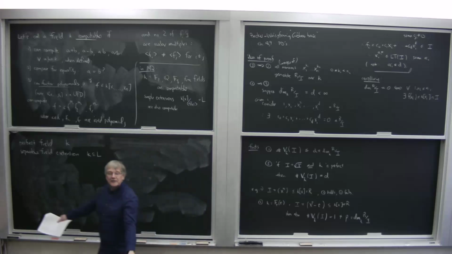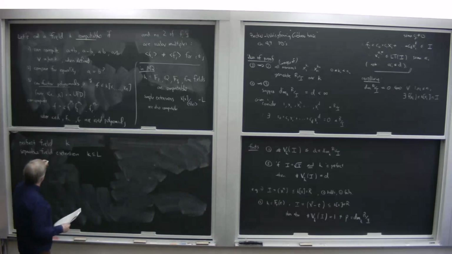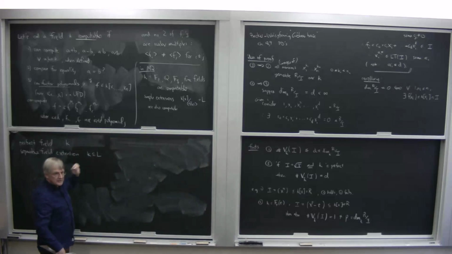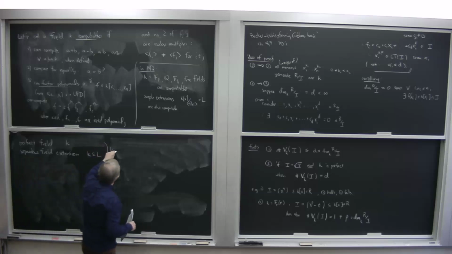A perfect field is pretty easy. Basically, in both cases, it has to do with polynomials over K, and if you do an extension field, whether irreducible polynomials remain irreducible. So the question is, when does that happen or not? Anyway, you can look at the wiki page for this.